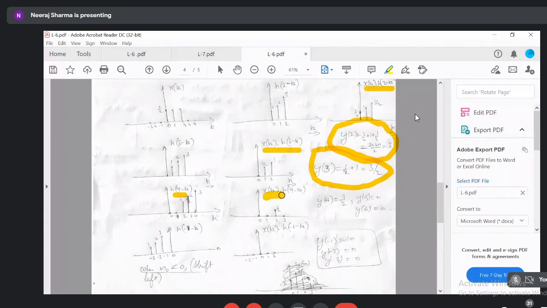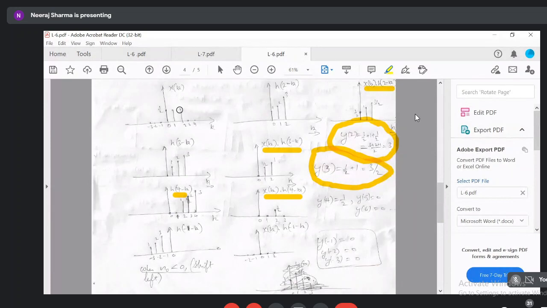Next step says to find the product of xk with h4 minus k. So we have found the product of xk with h4 minus k, that is for k equal to 0. This is the 0th sample, which has a magnitude equal to 1 by 2. Here its magnitude is equal to 0. So 1 by 2 multiplied by 0, that is 0. Then 1 by 2 multiplied by 0, that is 0, right?